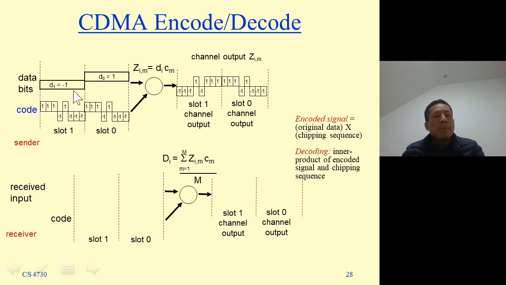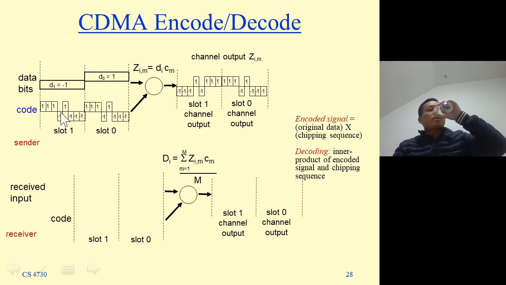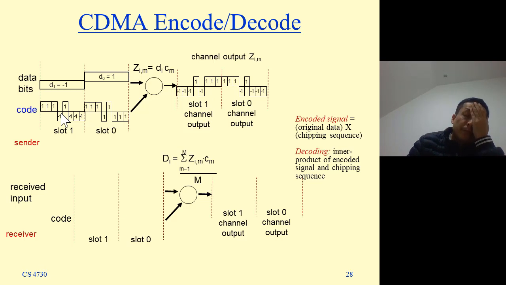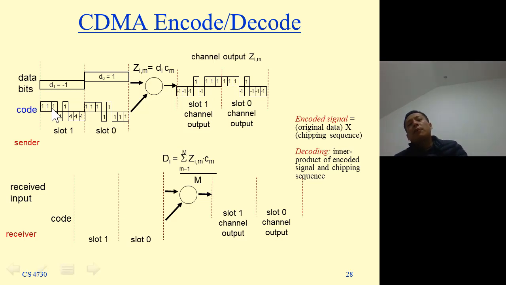To send out 1 bit of the original data, you're sending out 8 bits. This chipping sequence is only for you. It's allocated for you. You use it for encoding, and the receiver uses it for decoding. That's the kind of key or secret you share between the sender and receiver.